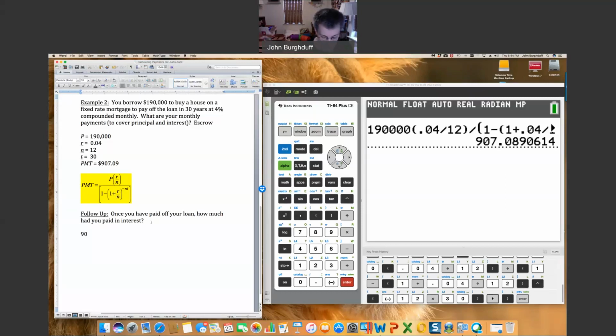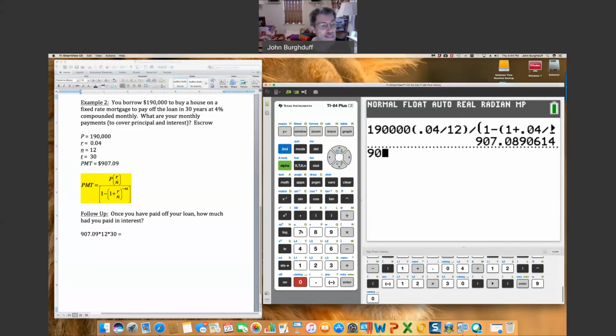We are paying $907.09 per month, but that's multiplied by 12 months of the year and 30 years. That would give you an entire amount that you have paid of 907.09 times 12 times 30.